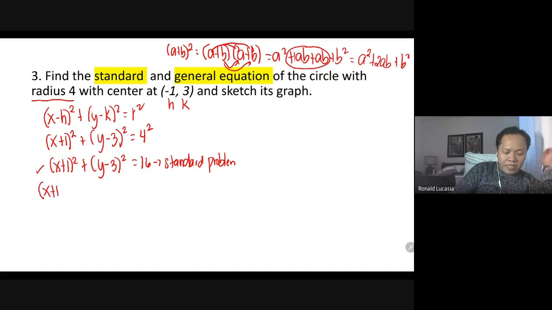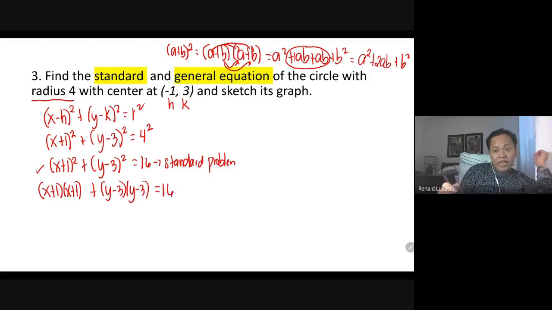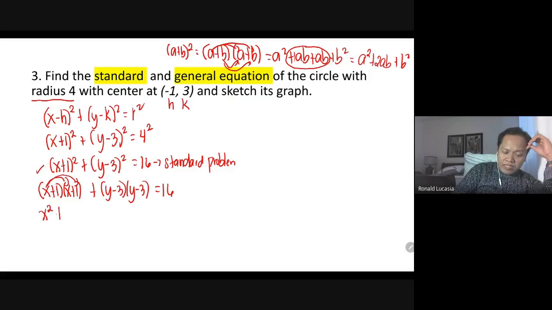So that's what we are going to do with x plus 1 quantity squared. So that's x plus 1 multiplied by x plus 1. The other one is y minus 3 multiplied by y minus 3 equals 16. Expand ko lang yung x plus 1. So FOIL method, x times x, that's x squared. X times 1, that's 1x or x. X times 1, that's 1x or x. 1 times 1, it's positive 1.